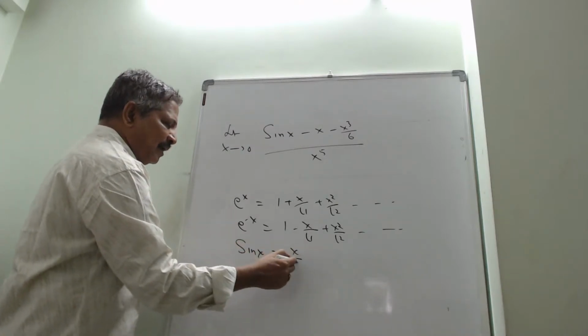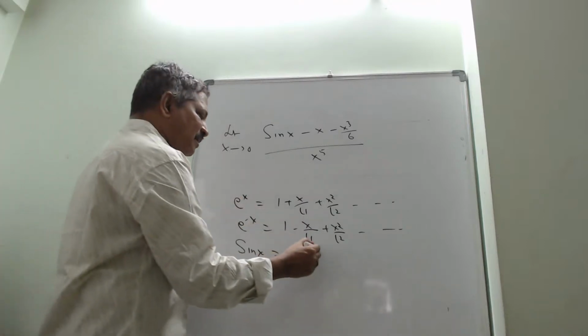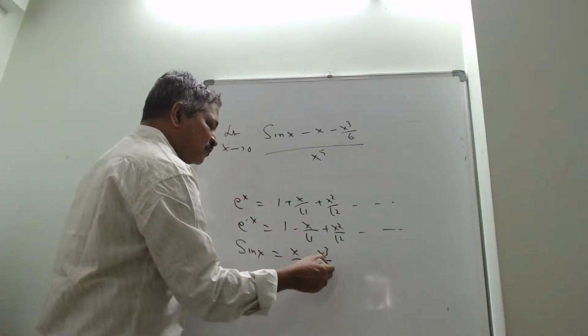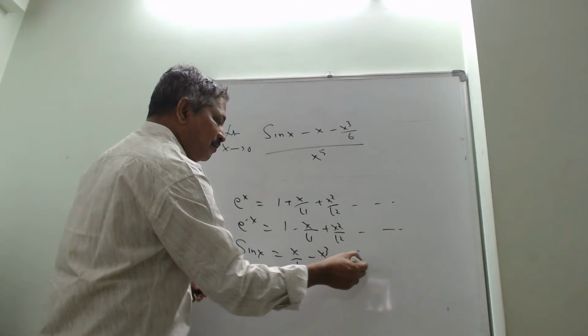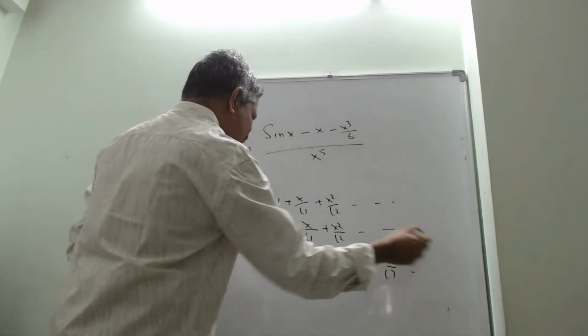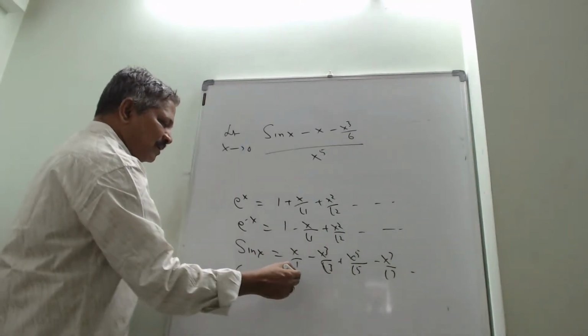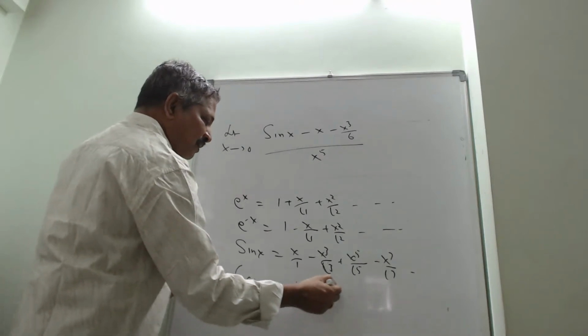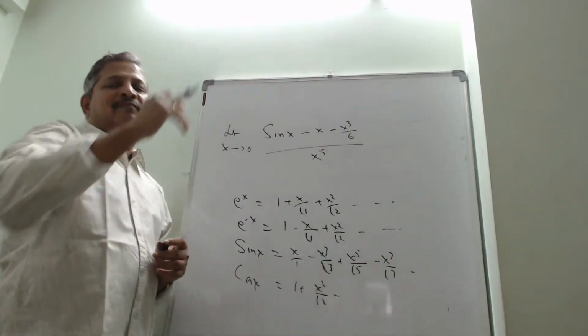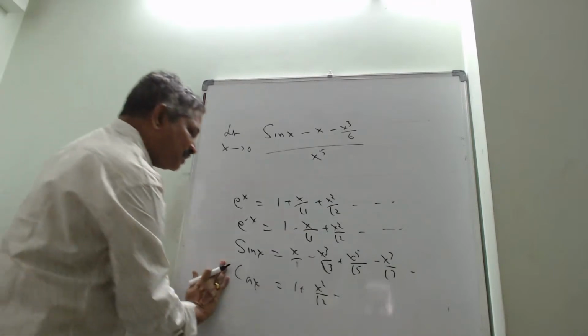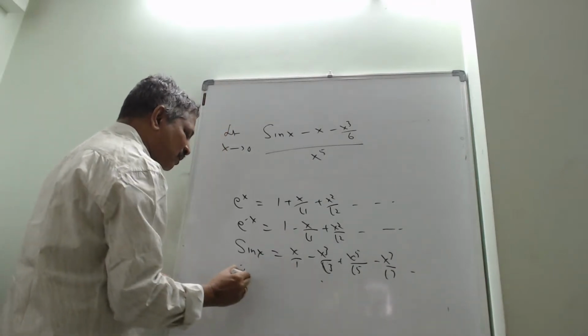It is nothing but x by 1 factorial minus x cube by 3 factorial plus x power 5 by 5 factorial minus x power 7 by 7 factorial. Whereas cos x is 1 minus x square by 2 factorial plus x power 4 by 4 factorial, alternate terms.